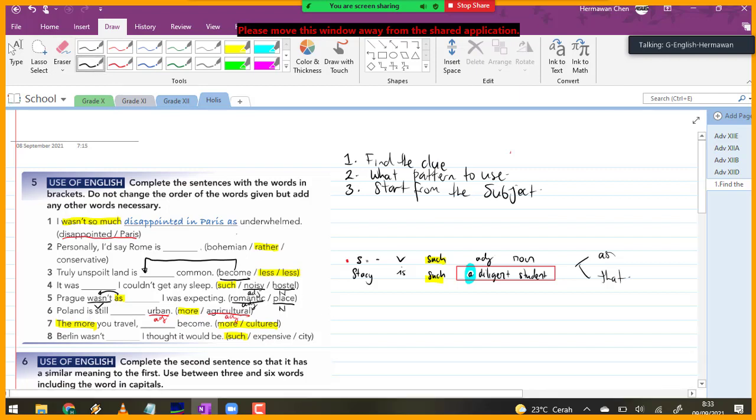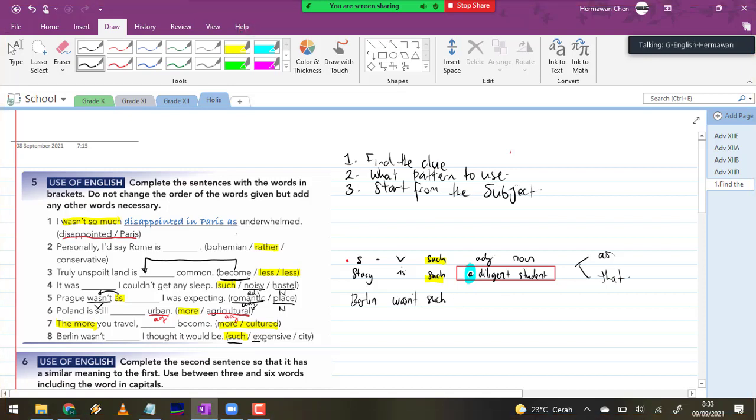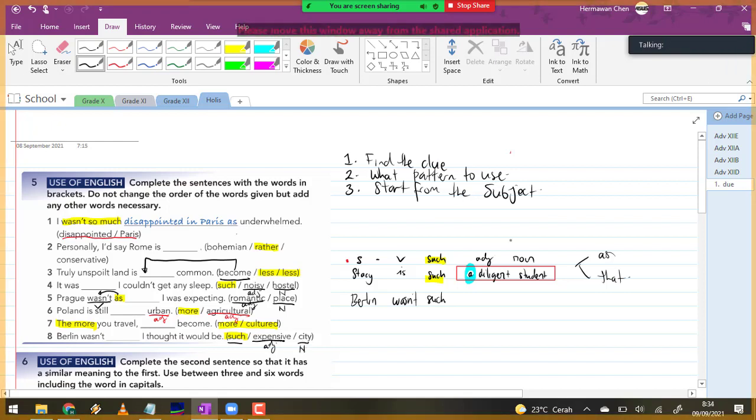Okay, let's start from the subject. The subject is Berlin. The verb is wasn't. Then we use such. And then adjective noun. Expensive is the adjective. City is the noun. Have a look.